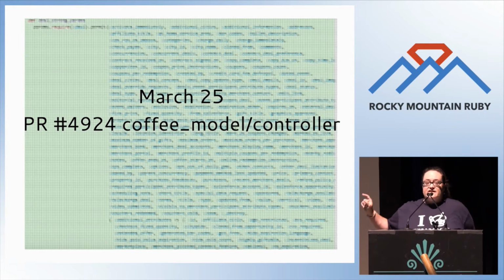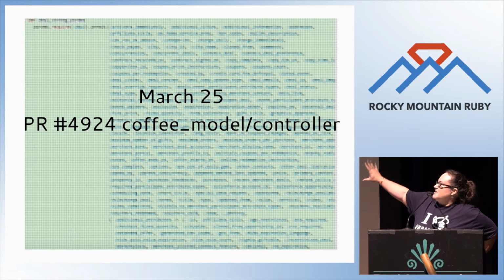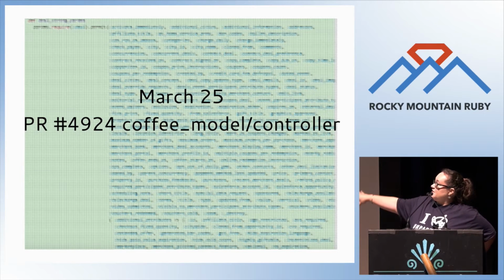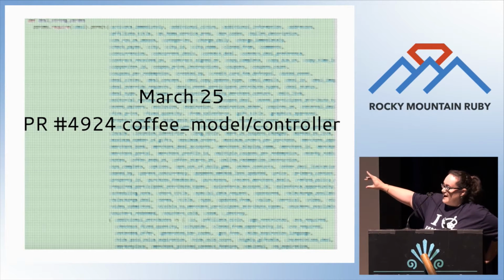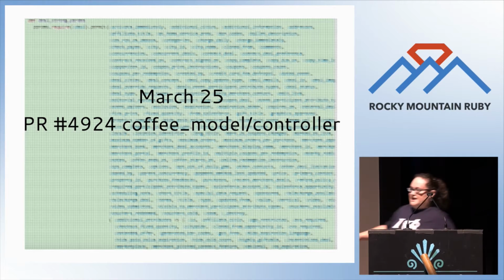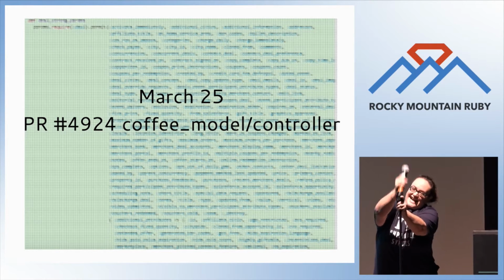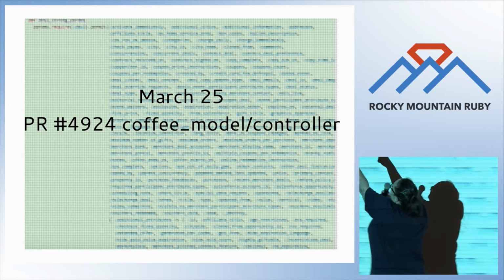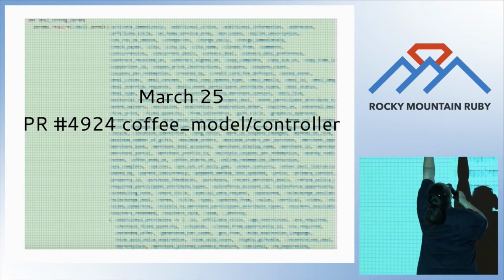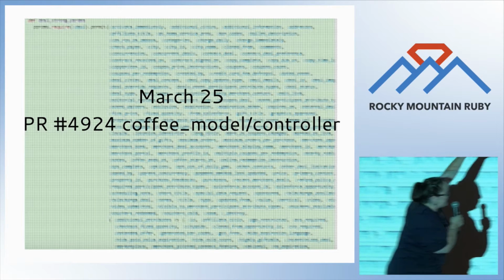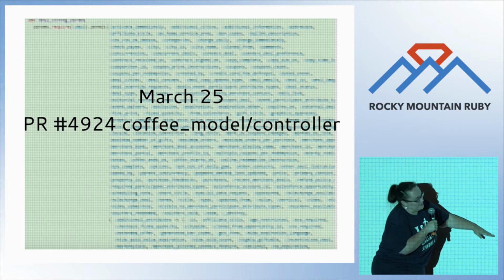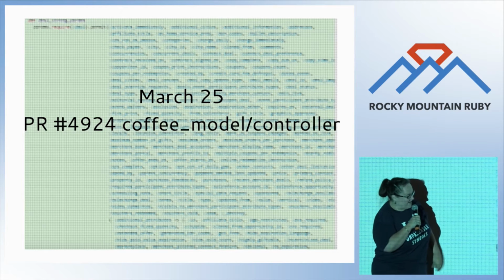This scary thing, you're not supposed to be able to read that stuff in the background, by the way. But this is a screenshot of the coffee controller. It's actually not the controller, it's the attributes. Right over there, that's params.require, the model, and all of these up to here are all attributes directly on the coffee model.